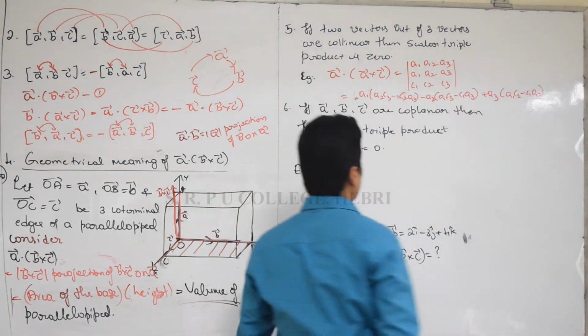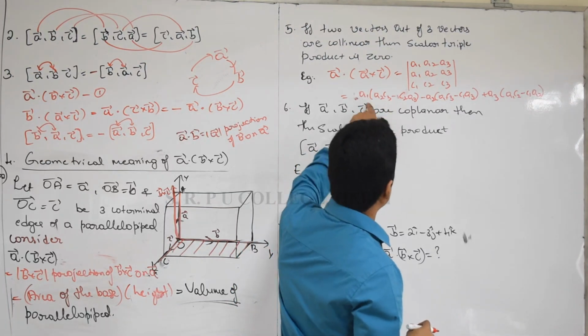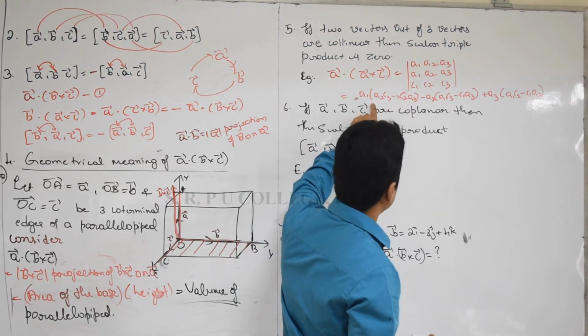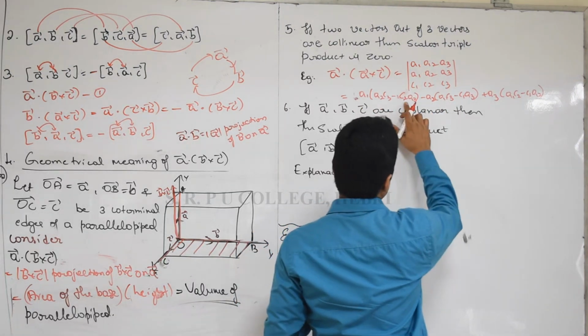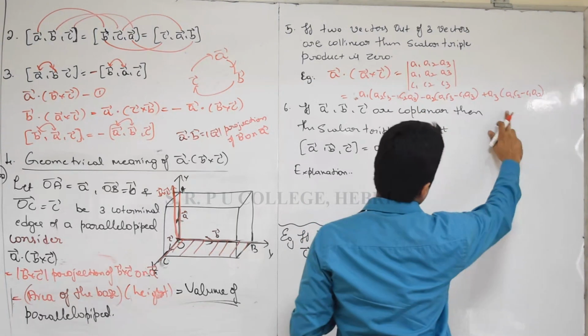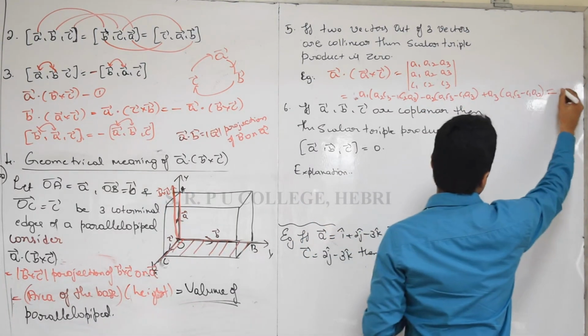Check this, all the terms cancel. For example, A1 A2 C3 with plus and A1 A2 C3 with minus cancel. Similarly A1 C2 A3 with minus and plus cancel. So everything cancels and the remaining is 0.